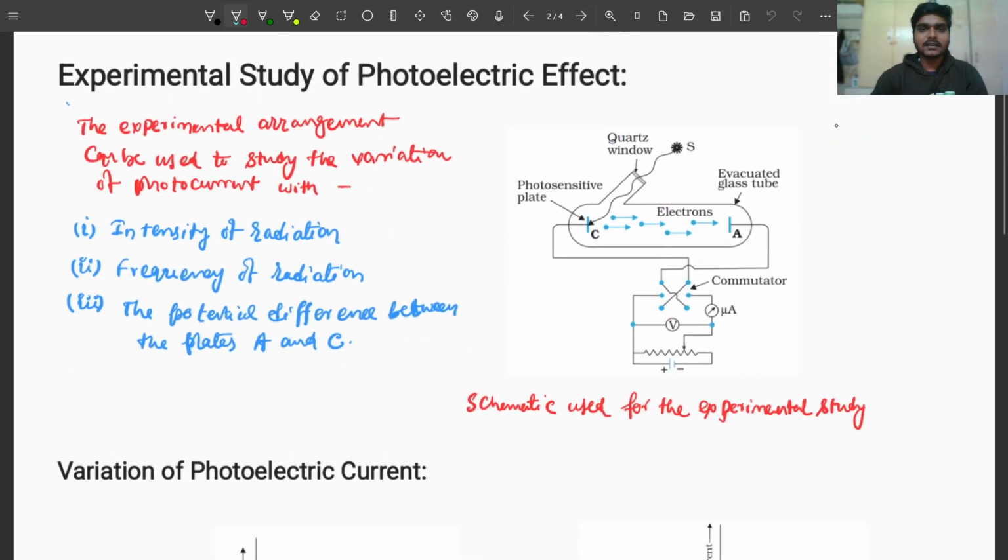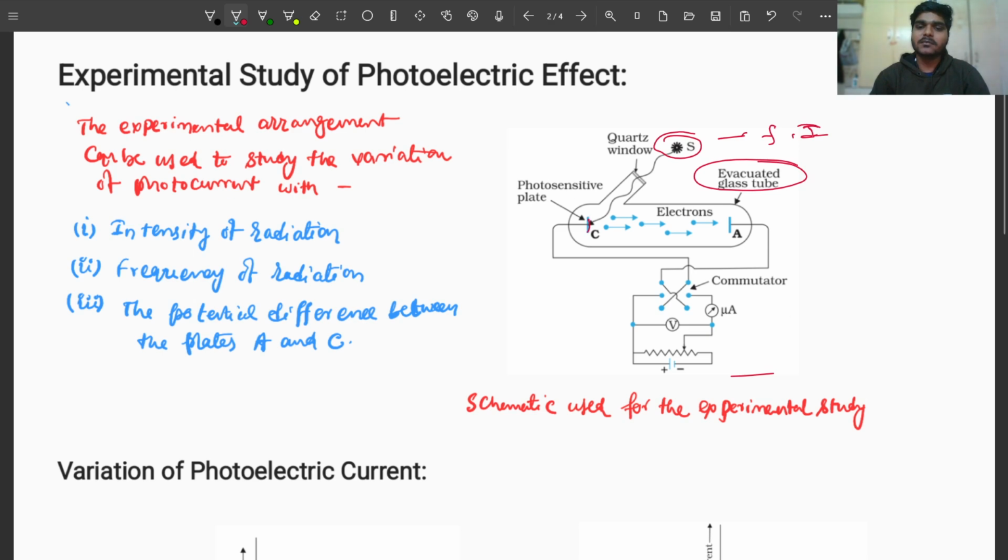So this is the experimental study of the photoelectric effect, and this is the schematic diagram for the experimental setup. Here this is a light source whose frequency and intensity can be varied, and this is the quartz window which helps to pass the light to the evacuated glass tube.